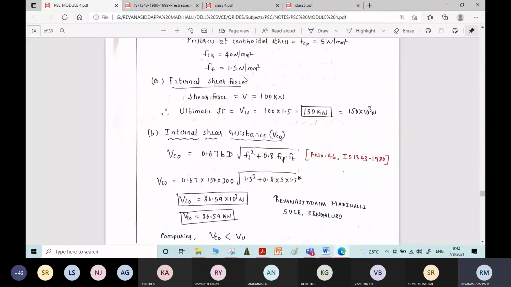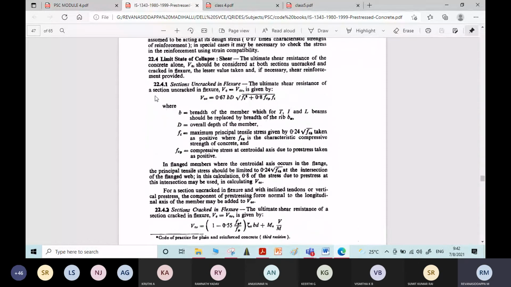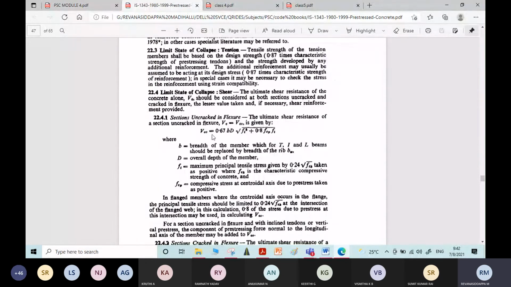That is page number 46. Let me show that. Yes, here we have the formula. The ultimate shear resistance of a section uncracked in flexure.